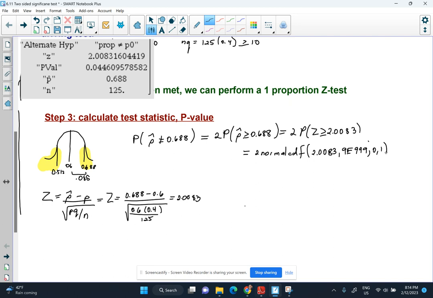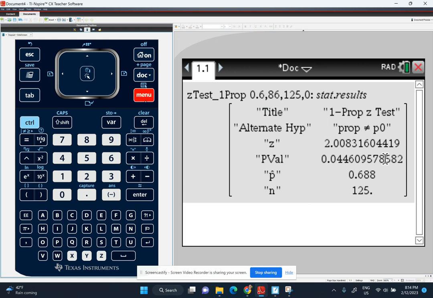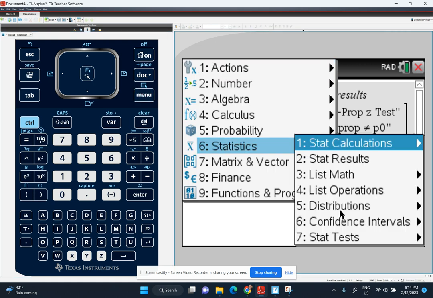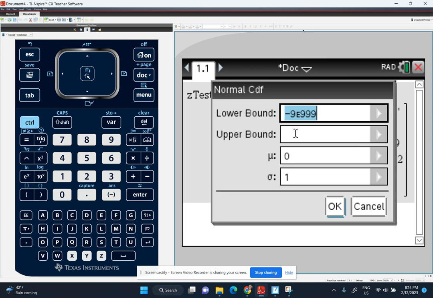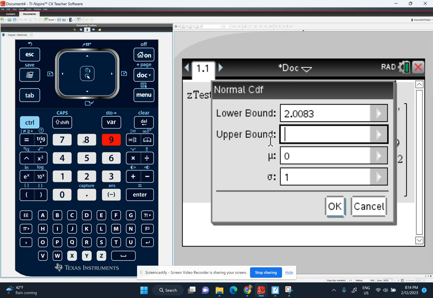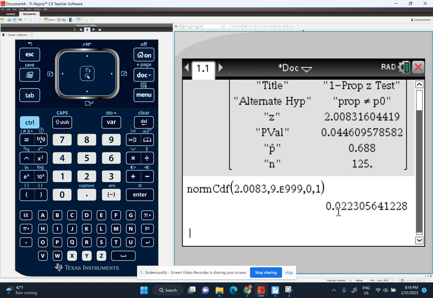So let's just check that out. That would be menu, statistics, distributions, normal CDF. And so that would be 2.0083, and that would be 9E999, and the default of 0.1.